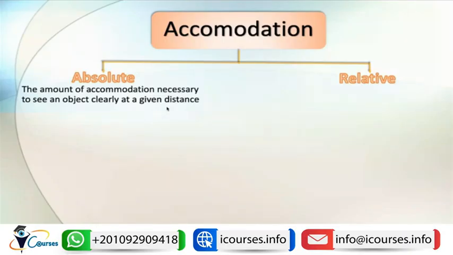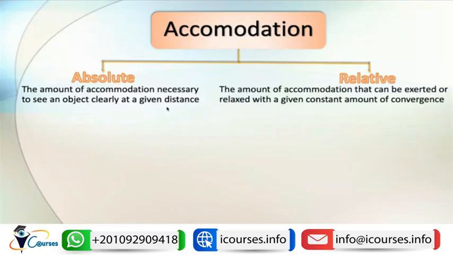On the other hand, the relative accommodation is relative to something, which is convergence, meaning how much you exert accommodation or relax accommodation with a given constant amount of convergence. If a patient has about 20 prism diopters of convergence, how much is the accommodation exerted or how much is the accommodation relaxed?